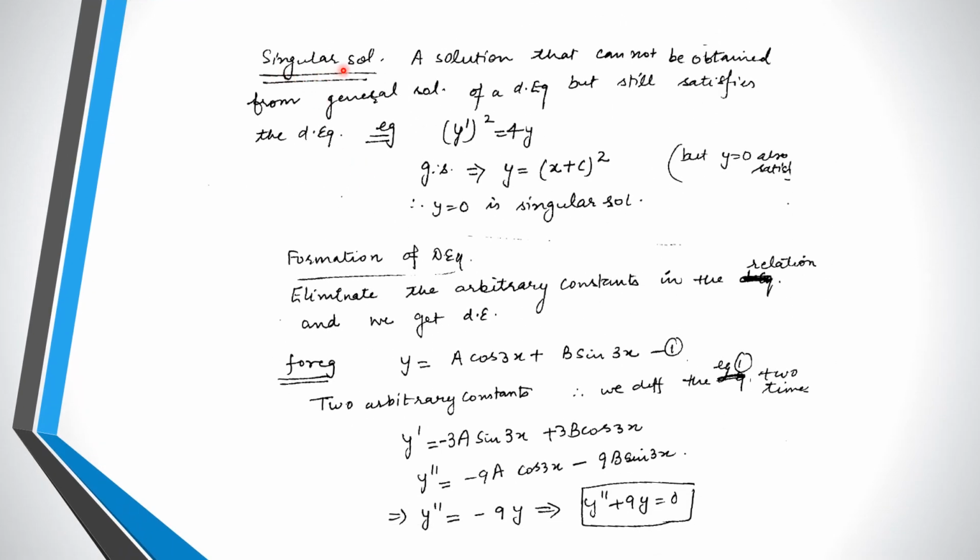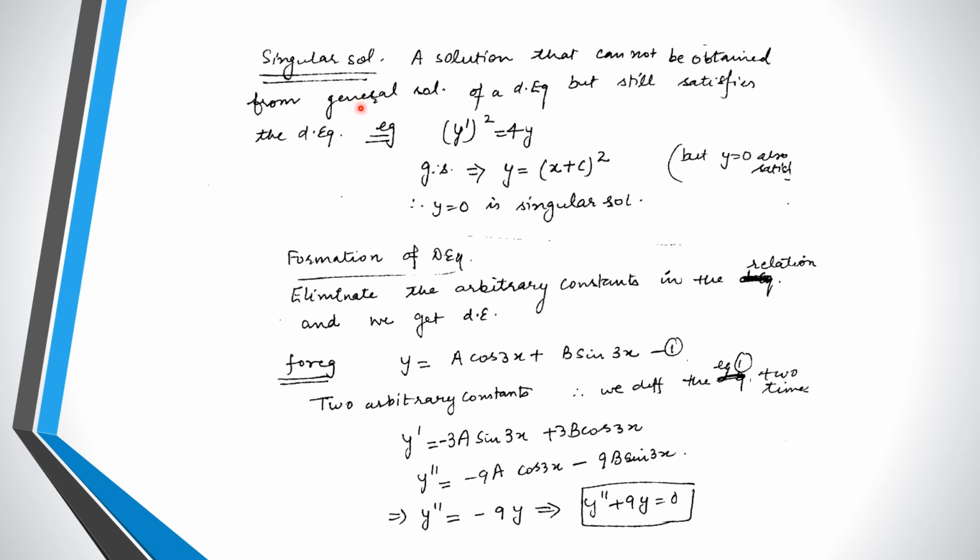So what do you mean by singular solution? A solution that cannot be obtained from the general solution of a differential equation but still satisfies the differential equation is said to be the singular solution, right? It means a solution which satisfies the differential equation but cannot be obtained from the general solution.